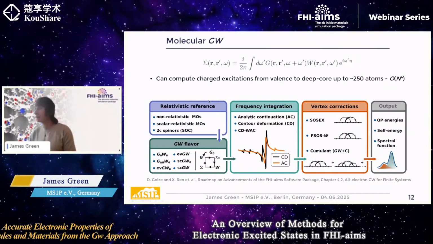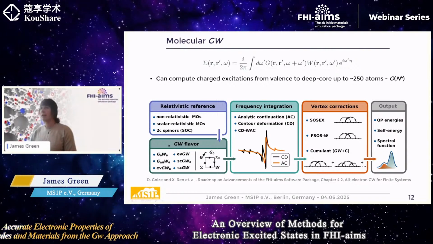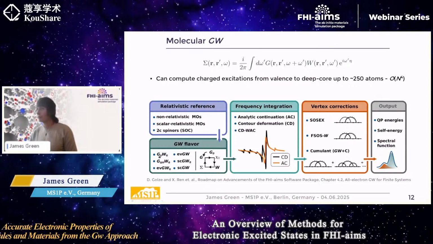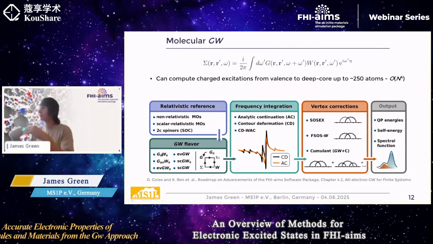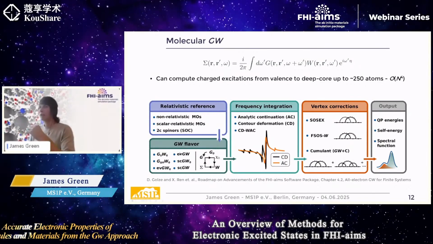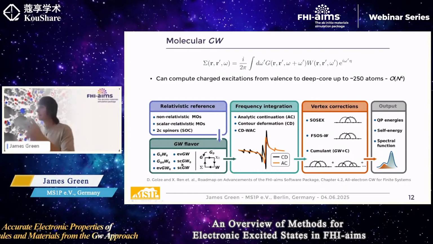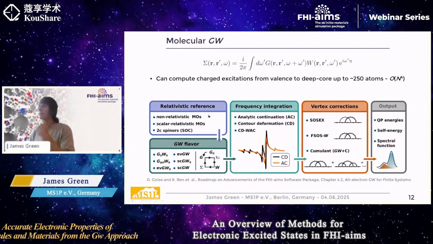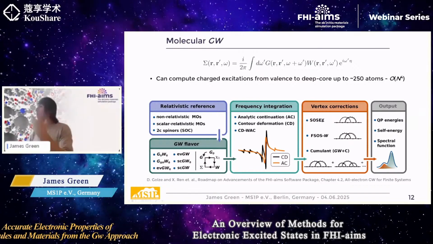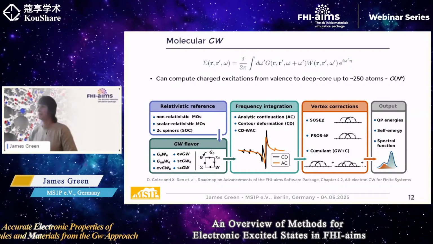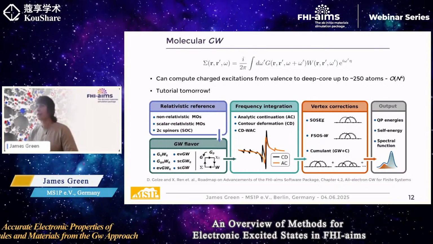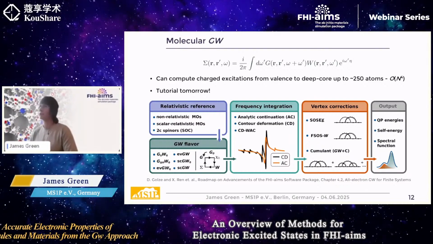So there's different relativistic references, different flavors of GW, from the one-shot G0W0, where a single GW calculation is done on top of a ground state DFT calculation, to various varieties of self-consistent GW. We also have different methods to do this frequency integration and different post-GW corrections that can be applied as well. And as well as Dorothea's talk, this will be covered in the tutorial tomorrow for those of you who've registered.